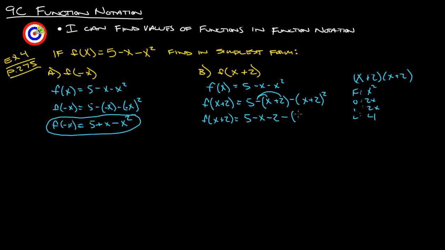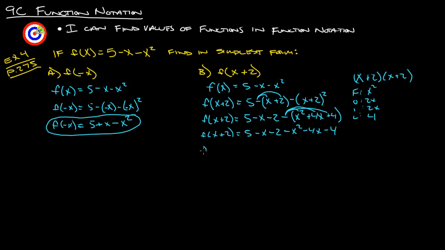So this all combined together gives us x squared, the 2x and the 2x give us 4x, and then plus 4. And then also note that that's got a negative in the front, so you got to distribute that negative to all three pieces here. So f of x plus 2 is 5 minus x minus 2 minus x squared minus 4x minus 4.